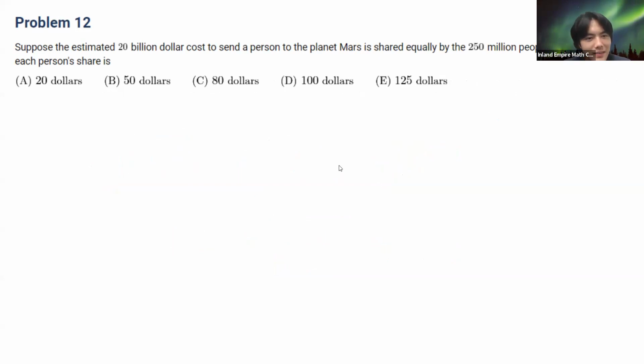So suppose the estimated $20 billion cost to send a person to the planet Mars is shared equally by the 250 million people in the United States. That's very democratic. Then each person's share is what? Did anyone get an answer for this?